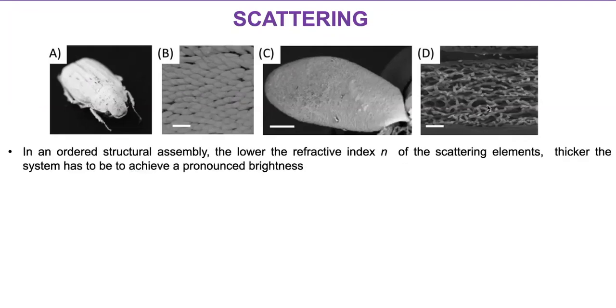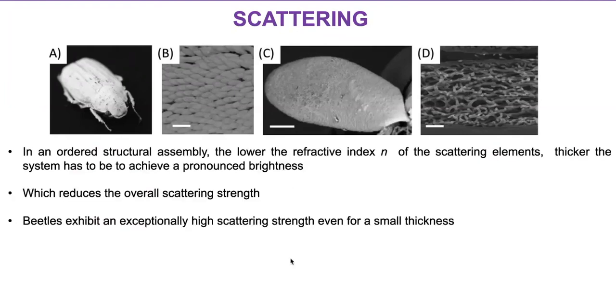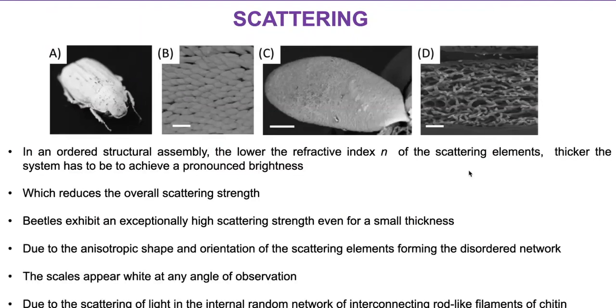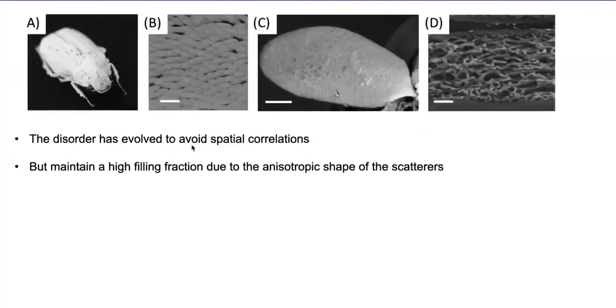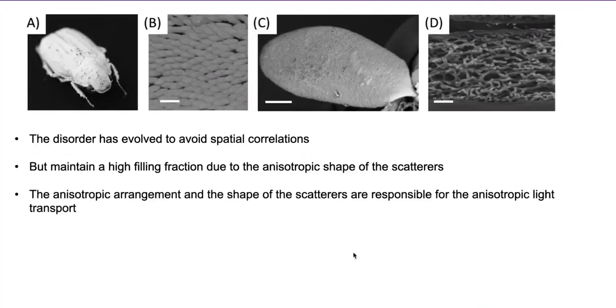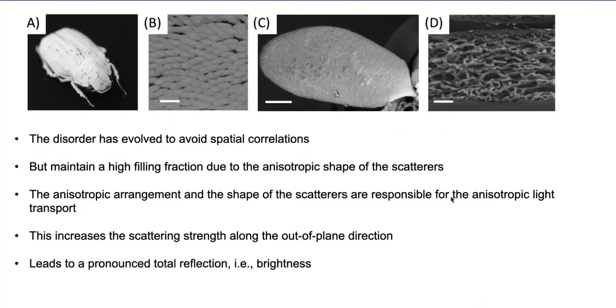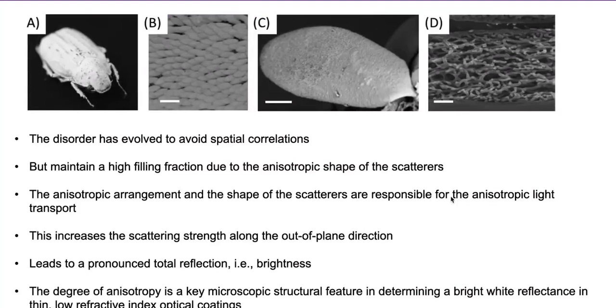The disordered structures are the ones responsible for such a bright coloration. And how the disorder helps is that it helps us avoid any spatial correlation. It fills the space, but there is a lot of void in between them. You can create this kind of structure simply by following this principle. And this is why many insects are able to do this.